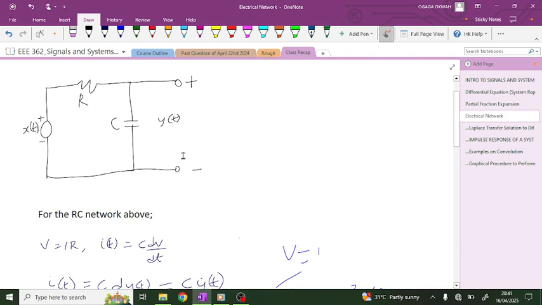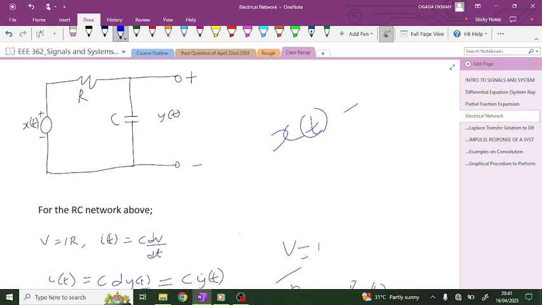Then the voltage at this point is what? This is for the source voltage, right? So this x of t comes in, there will be a voltage drop here. When there is a voltage drop here, what will be left at this point? Minus y of t.